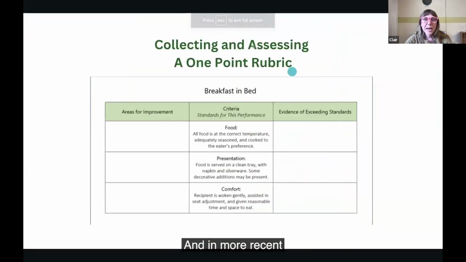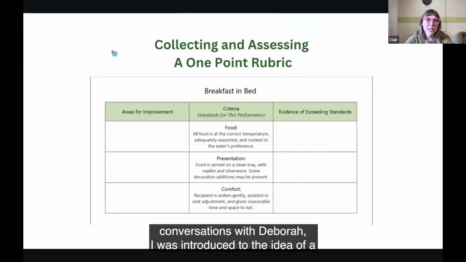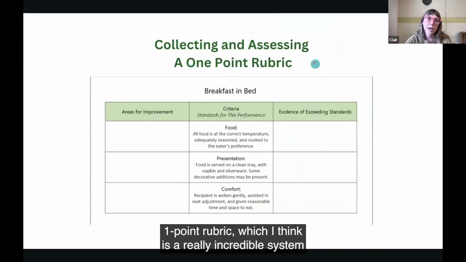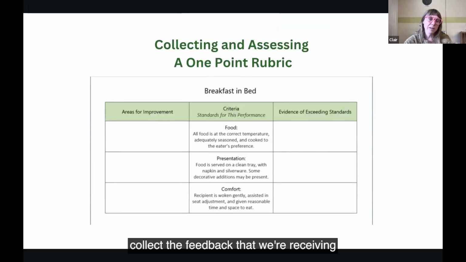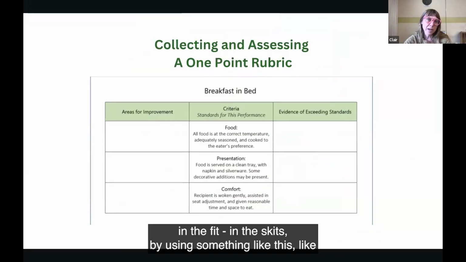In more recent conversations with Deborah, I was introduced to the idea of a 1-point rubric, which I think is a really incredible system that could easily allow us to actually collect the feedback that we're receiving in the skits.